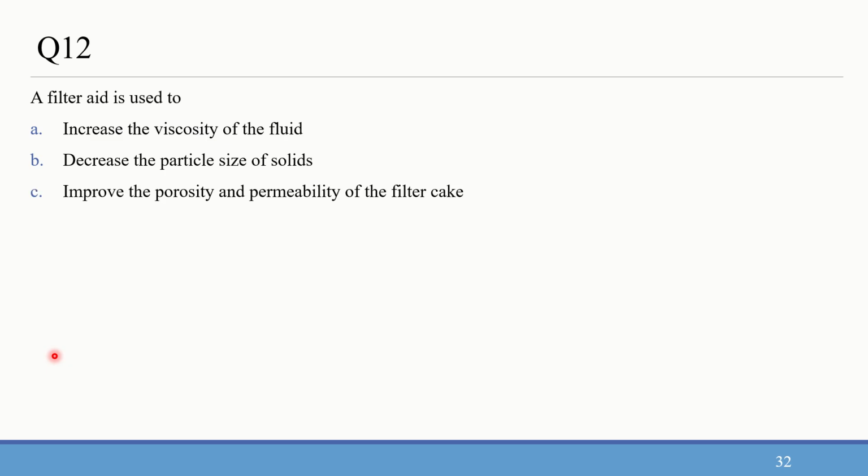Option C, improve the porosity and the permeability of the filter cake. Option D, chemically react with the solids. During filtration we use filter aids, right? So why do we use filter aids? That is the question. So answer is actually option C.